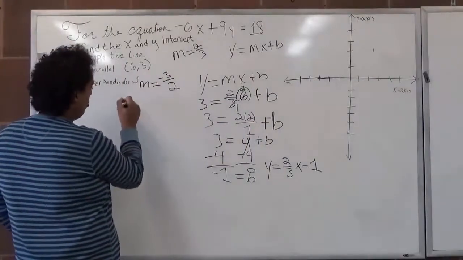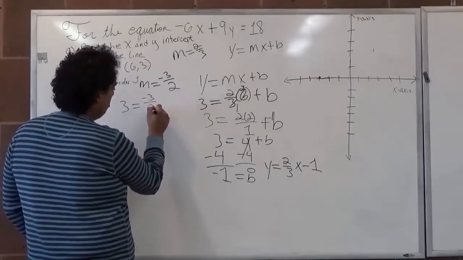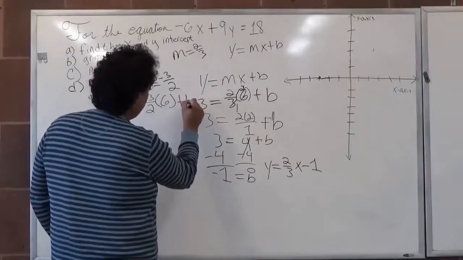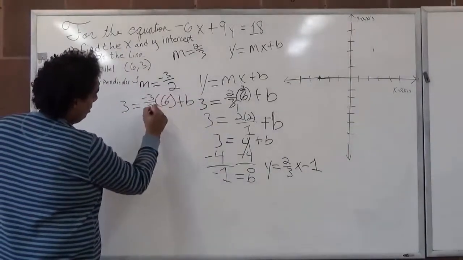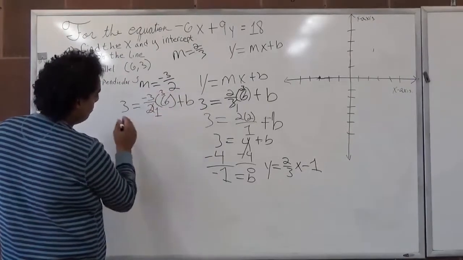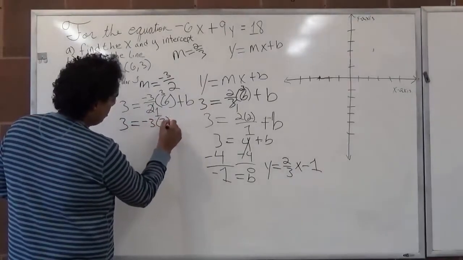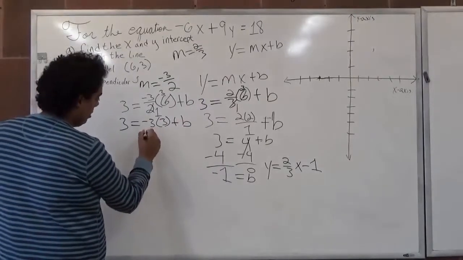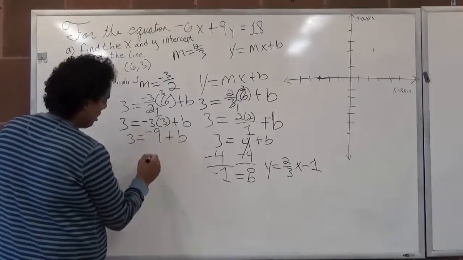We have y, which is 3, equal to negative 3 over 2 times 6 plus b. Again we can cancel out the 2 here, 2 times 3. So 3 is equal to negative 3 times 3 plus b. Negative 3 times 3 is negative 9 plus b.